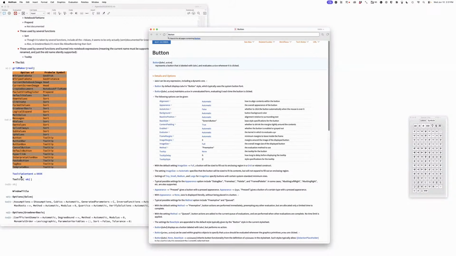What was your objection to TooltipLabel? That it seems like it's an additional label. I mean, a tooltip isn't a label. We've got another thing called Labeled. This is specifying the second argument of Tooltip, effectively, yes, which the usage message for Tooltip calls that argument the label. Right. But we also have things like PlotLabel and FrameLabel and also we have AxesLabel and things.